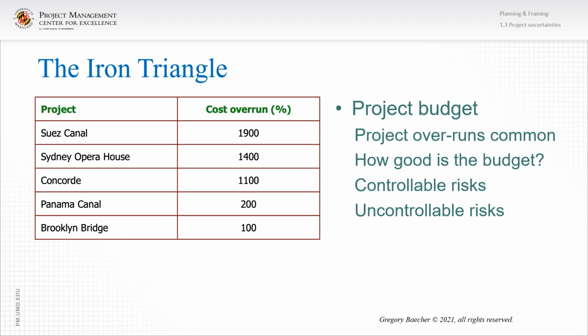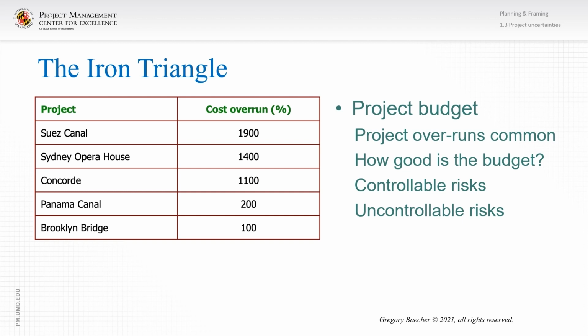But how good is the budget to begin with? If the budget is not well crafted and well thought out, it's likely that we're going to be over budget because we didn't anticipate all the things that might happen. And the things that might happen comprise two different kinds of risks.